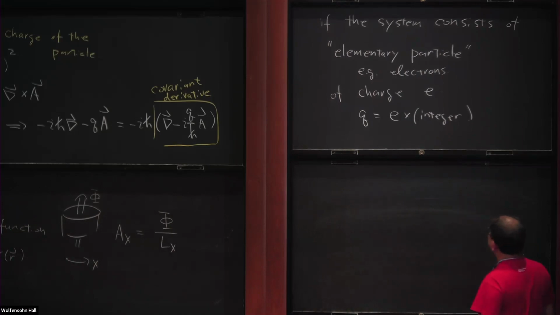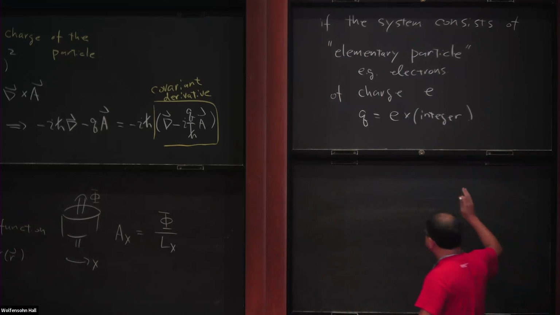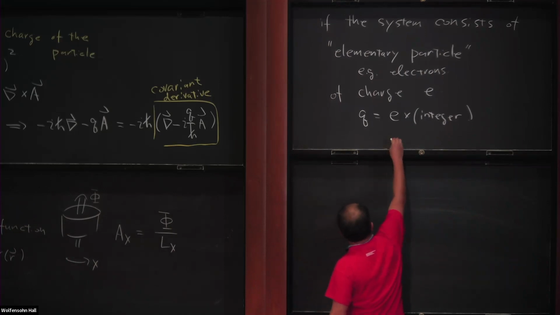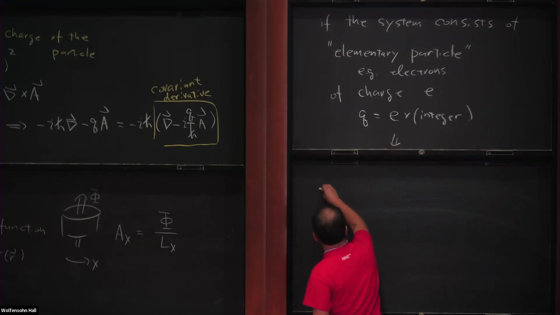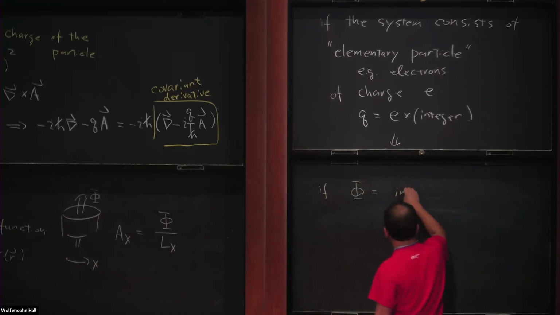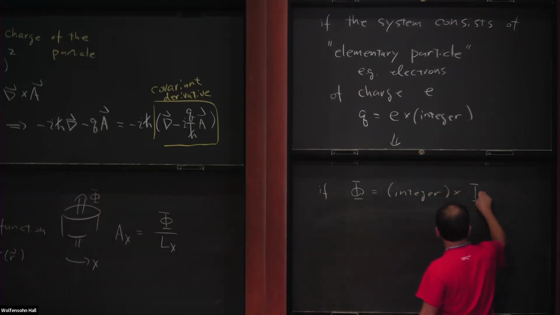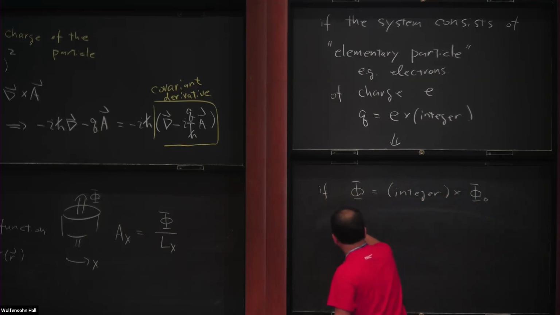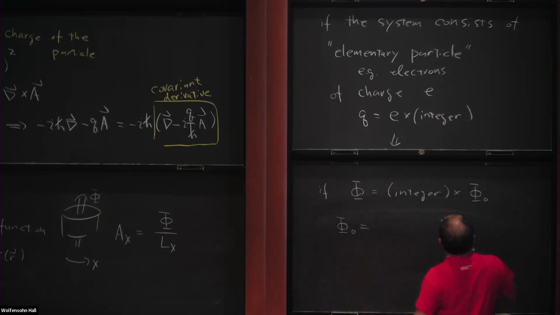So in this case, if phi is an integer times phi 0, and phi 0 is 2 pi h bar over E, and 2 pi h bar is nothing but the original Planck constant h.